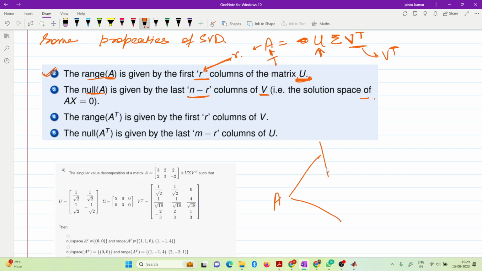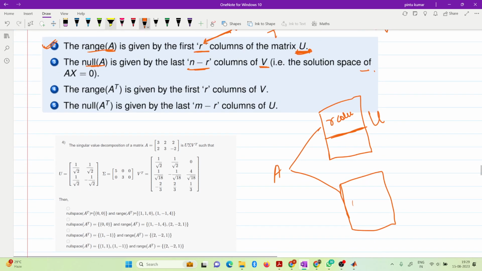Any matrix A has two components, if you look at the rank-nullity theorem: its rank and its nullity. The range space, or the rank part, is given by the first R columns of U.